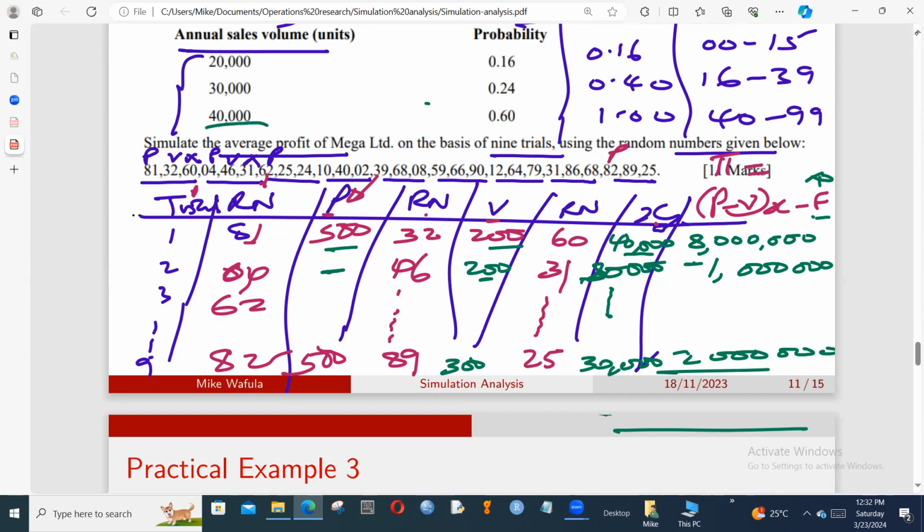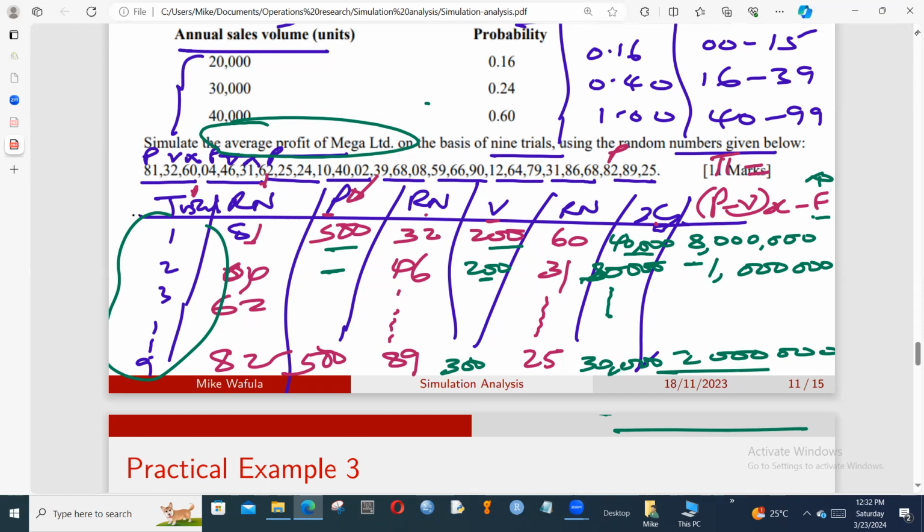In this question, we also want to get the average profit. So that is the total profit divided by the number of trials, 9 of them. So you can just give us the figure for the average profit. The average profit is 15 million.